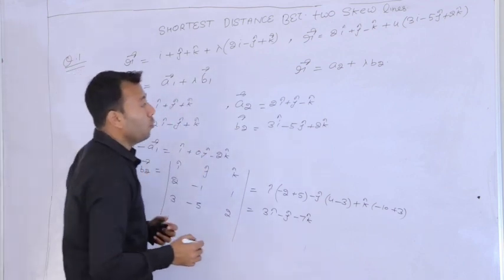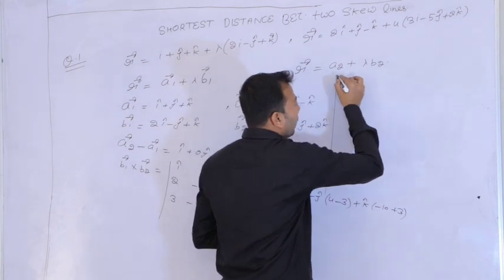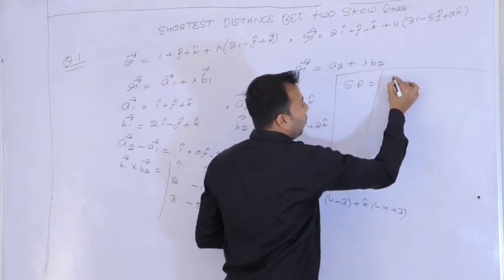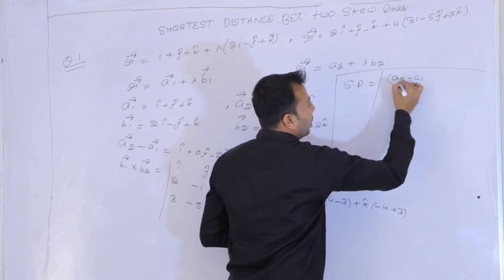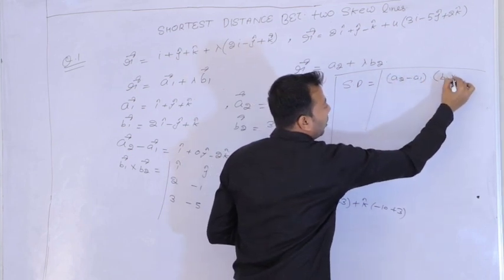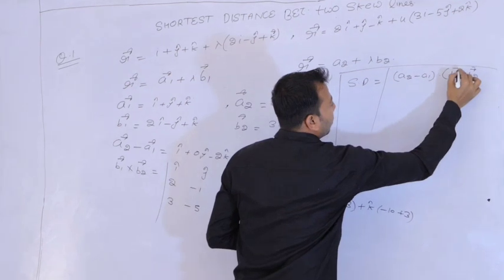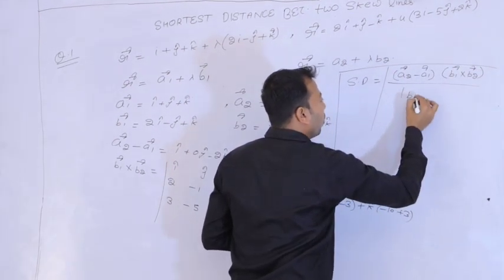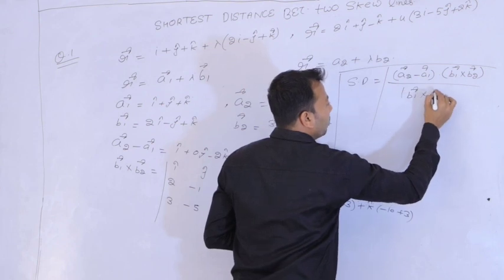Now we have to find the shortest distance. Shortest distance is the magnitude of (a2 minus a1) dot product with (b1 cross b2 vector), divided by the magnitude of b1 cross b2.